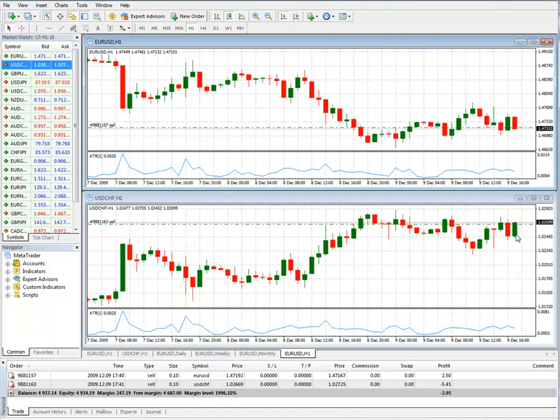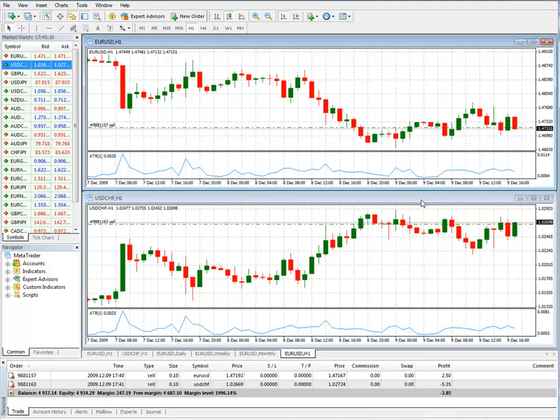Now say again in our example that you're going long in the euro dollar, US dollar, and short in the Swiss franc.